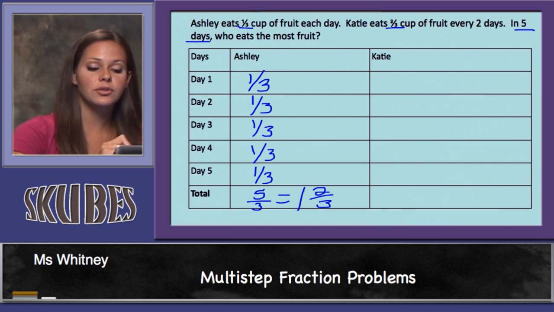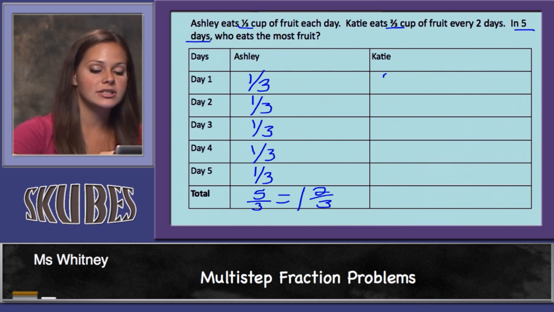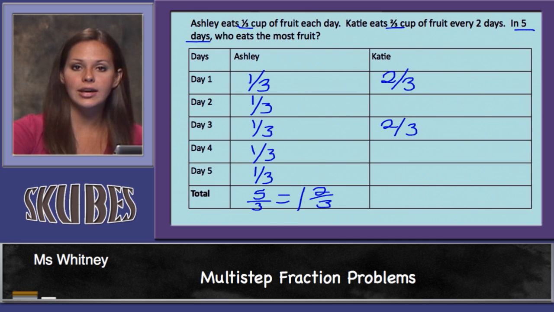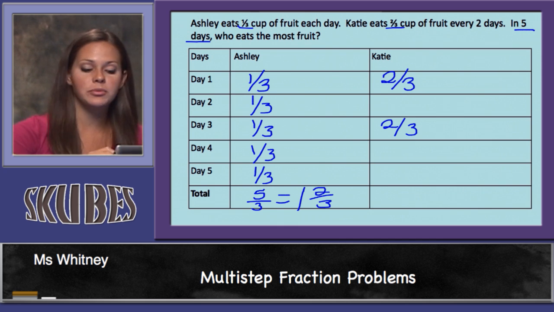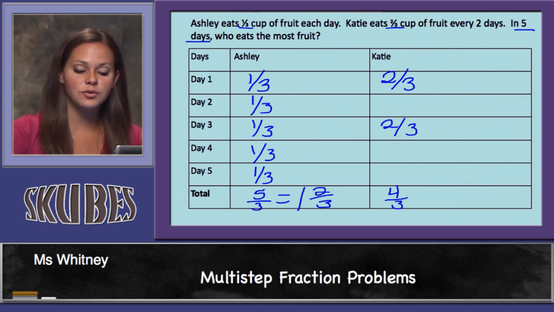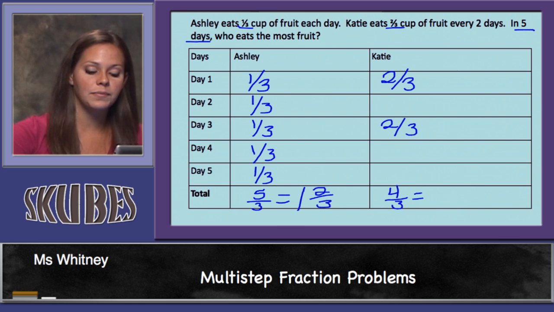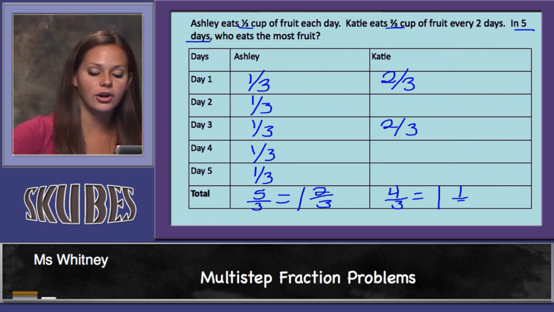Katie eats 2/3 every 2 days. So on the first day, Katie has 2/3 of a cup. And on the third day, Katie has 2/3 of a cup. First, let's add our numerators. 2 plus 2, which is 4, and our denominator stays 3, so Katie eats 4/3 of a cup, which is the same as 1 1/3.